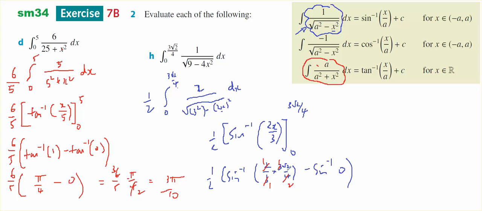I've got root 2 on 2. So I've got a half, the inverse sine of root 2 on 2 minus a half times nothing. And I've got a half of the inverse sine of root 2 on 2 is pi on 4, which gives me an answer of pi on 8.